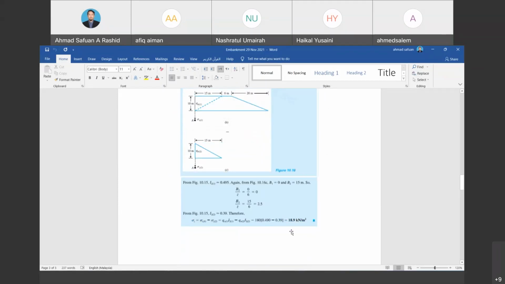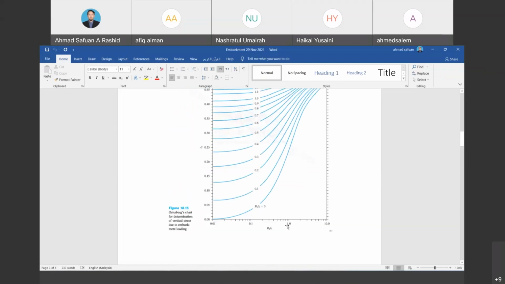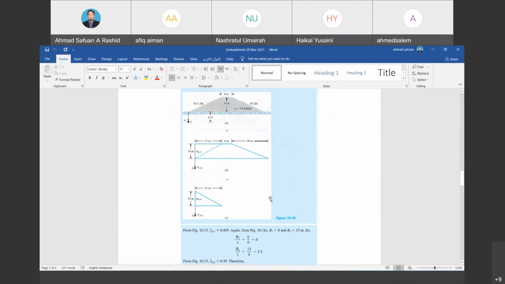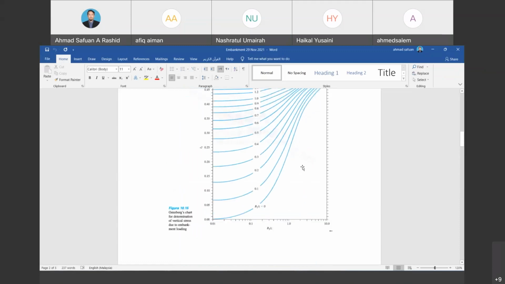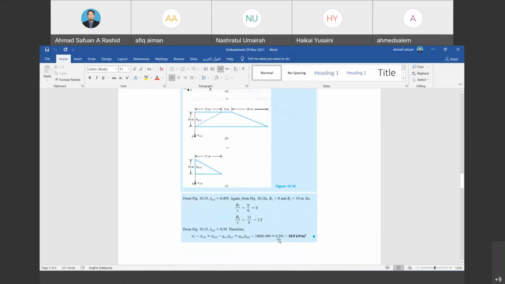So later on, the I2 will become 0.39. Sorry, B2 over Z is 2.5, here 2.5. You need to use a ruler, then you will get 0.3 something, so for this answer 0.39.